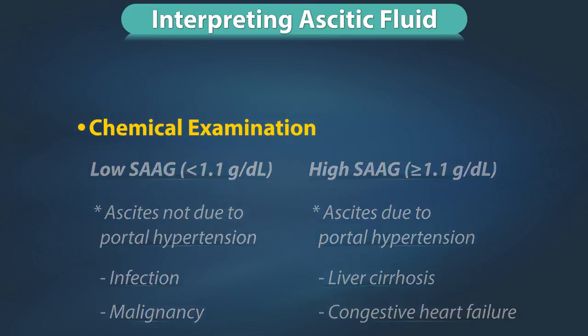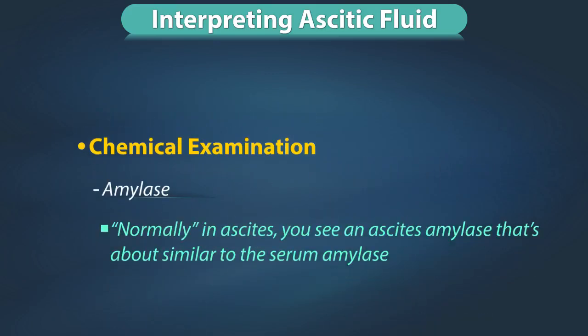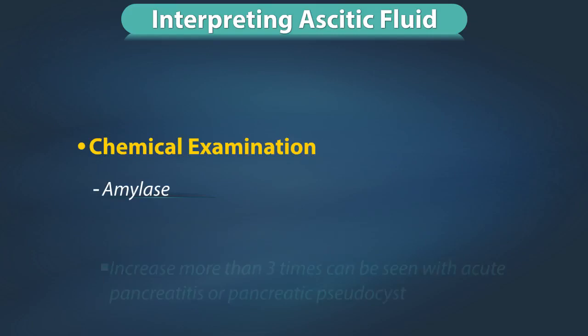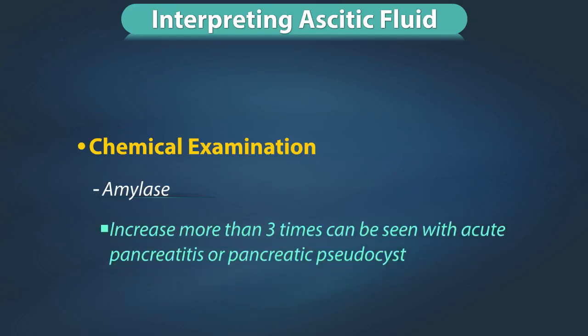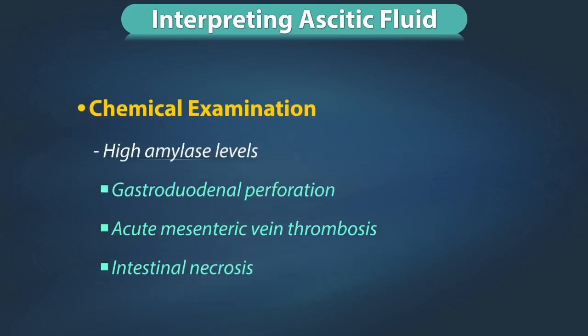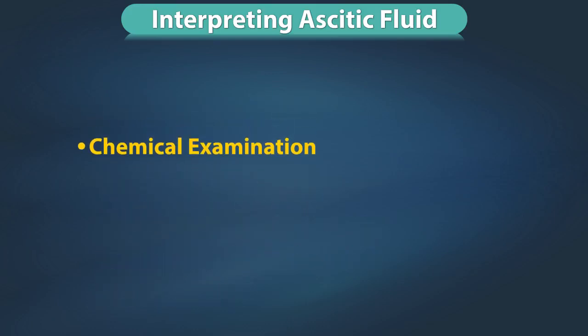Amylase. Normally in ascites, the amylase is similar to that of serum amylase. Increase of more than 3 times can be seen with acute pancreatitis or pancreatic pseudocyst. Gastroduodenal perforation, acute mesenteric vein thrombosis, or intestinal necrosis can also cause high amylase levels.